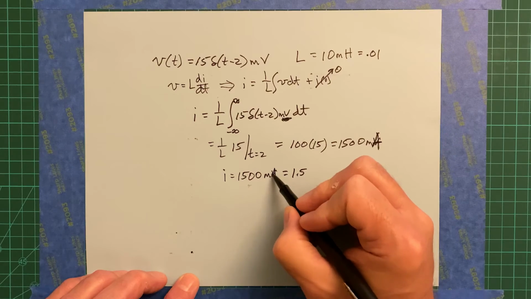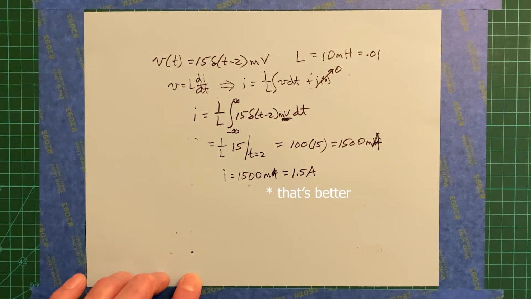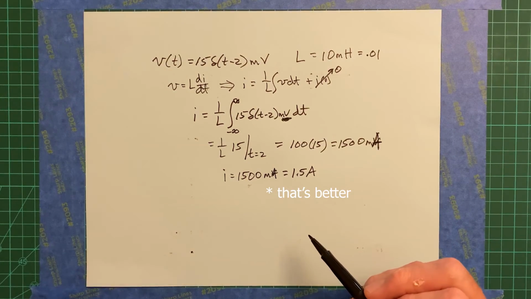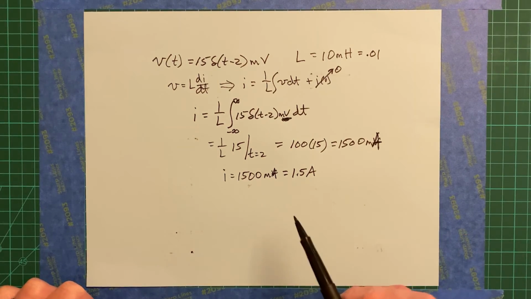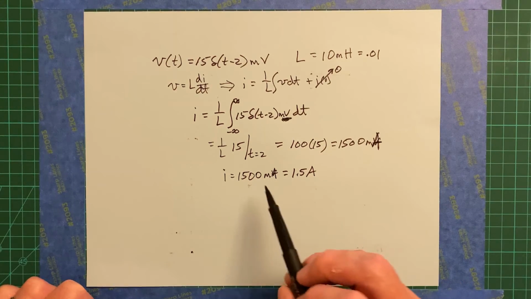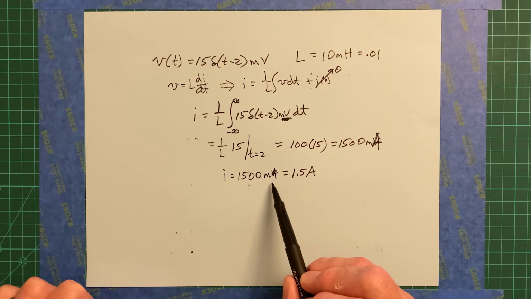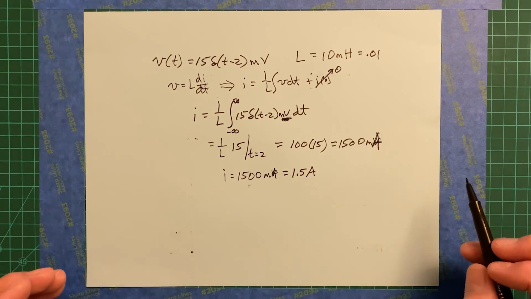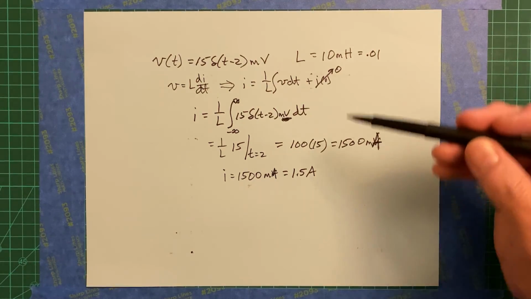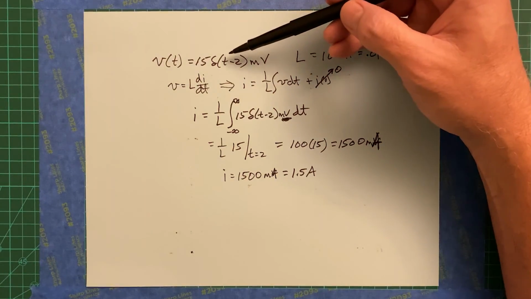So that's milliamps and that's amps. Okay, now that we've fixed that problem, I have to warn you, we're not finished, because this says I is equal to 1500 milliamps for all times, or 1.5 amps for all times.